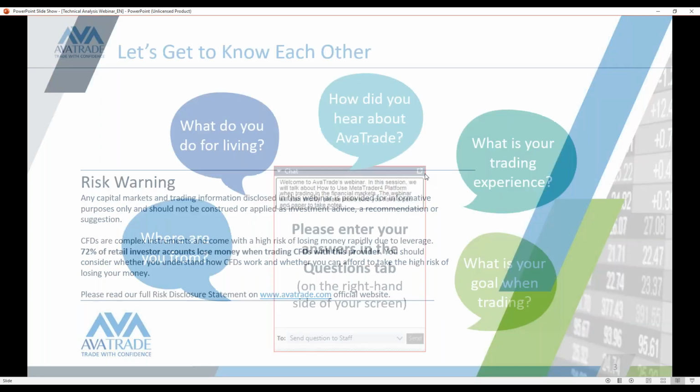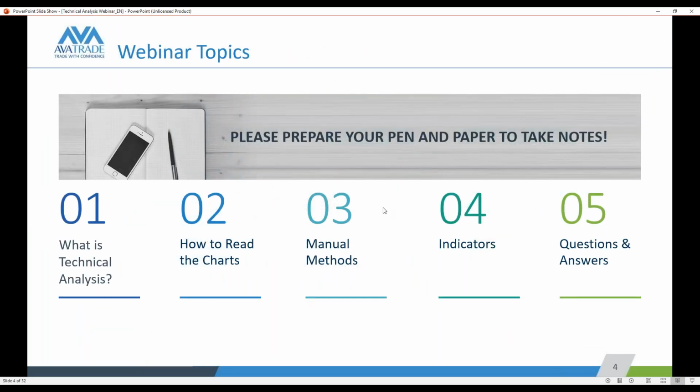Now, technical analysis in general, what is it? It's looking at the historical movements on the charts and looking for repetitive patterns, for trends that maybe are predictable. Many times what happened in the past in terms of price levels and reversals and breakthroughs can give you an indication of what could happen in the future.